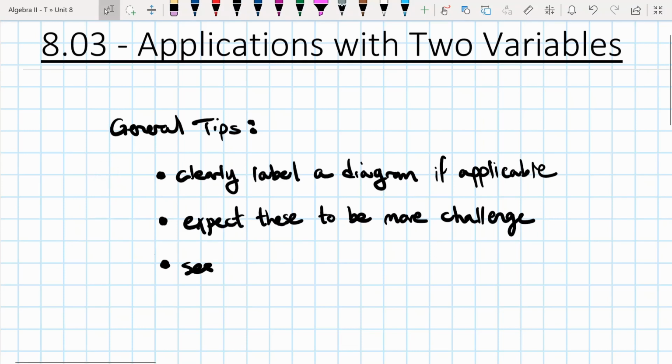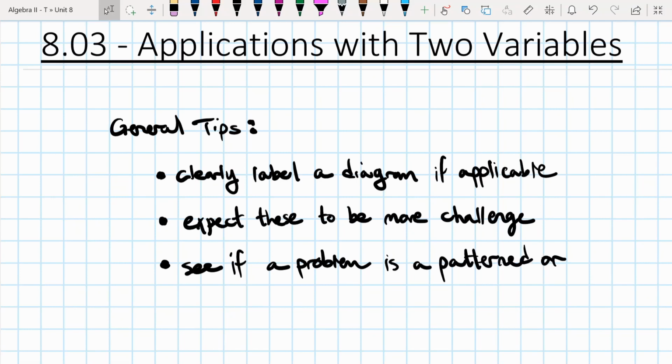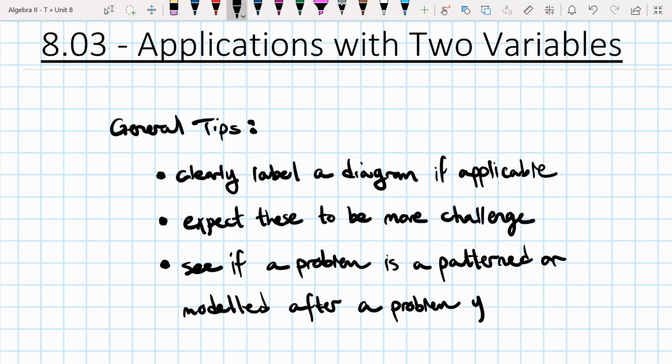Number three is see if a problem is patterned or modeled after a problem you've seen before.